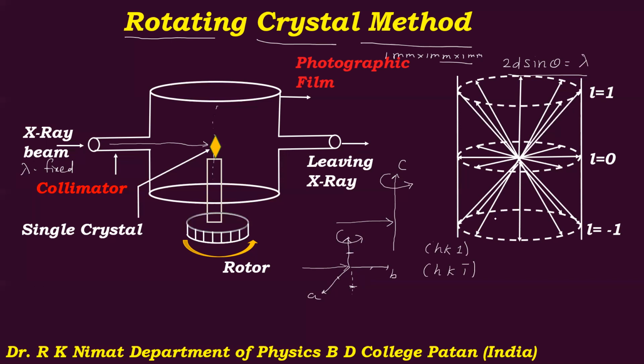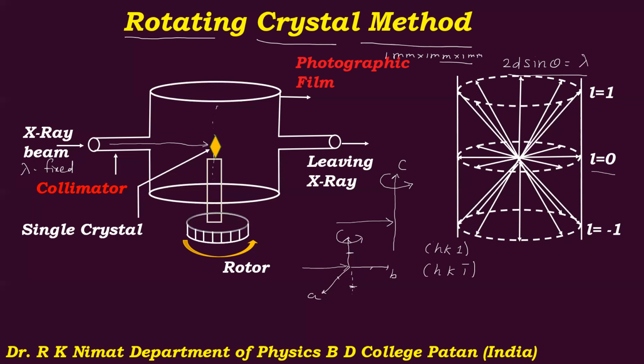Actually, this is the pattern obtained in the rotating crystal method. So for L equal to 0, meaning the plane which is parallel to the c-axis, because we have taken the c-axis coinciding with the axis of rotation of the crystal, it will produce the diffraction pattern somewhat like this. And if you take the plane having Miller indices h, k, and 1, it will show the diffraction pattern like this.